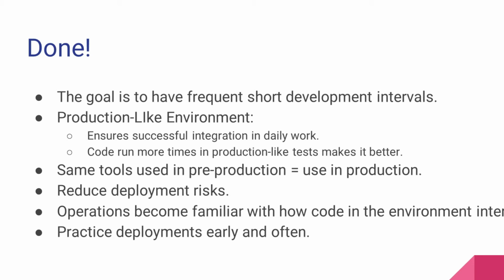This gives confidence that most production development problems were found and fixed. The same tools used in pre-production should also be used in production as well. Deployment risk can be reduced as development and operations become familiar with how the code and environment interact, and practice deployments early and often.